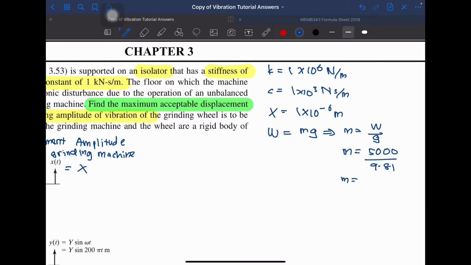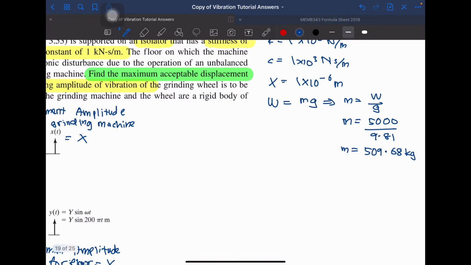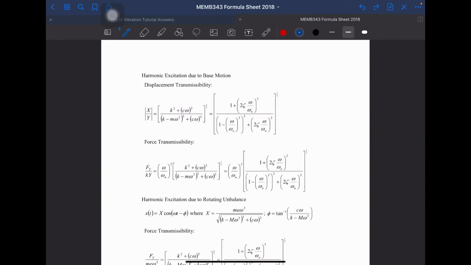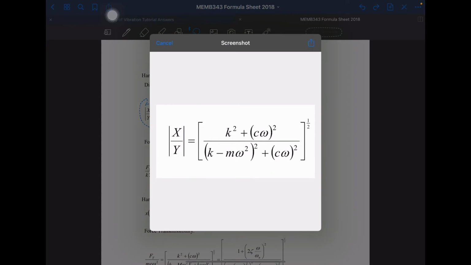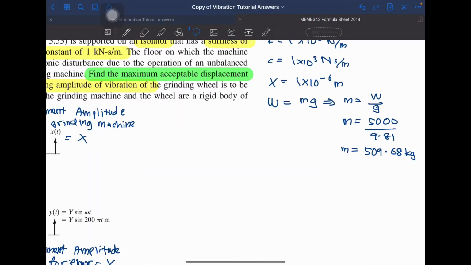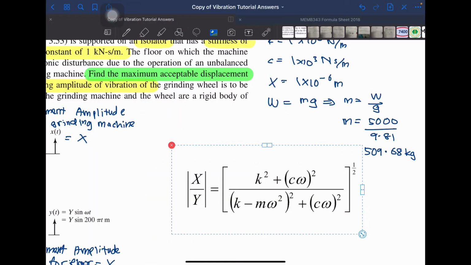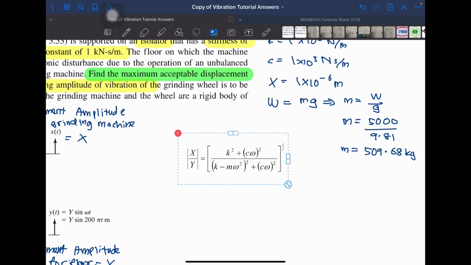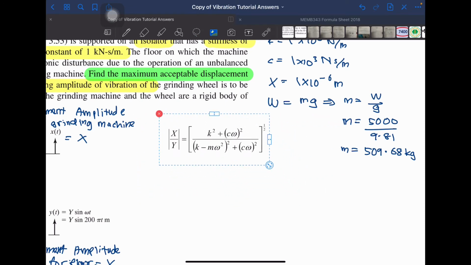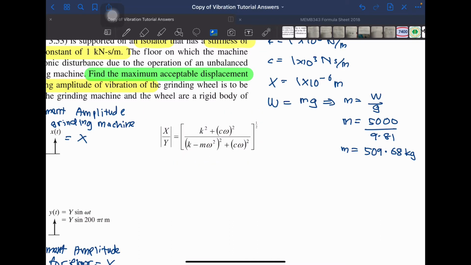So your mass will be 509.68 kilogram. Then, using the formula here, just copy it back.